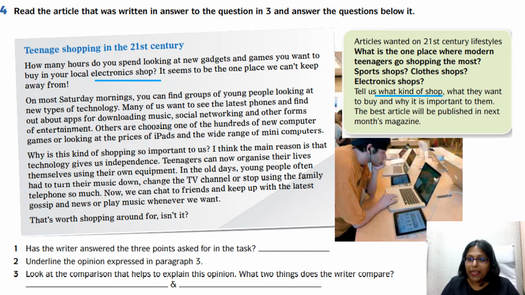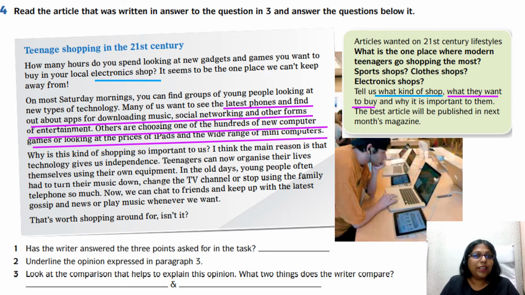The next one, what they want to buy. So what are they going to buy there? These are the things: latest phones, apps for downloading music, social networking or other forms of entertainment, iPads as well as mini computers. So this is what they want to buy.